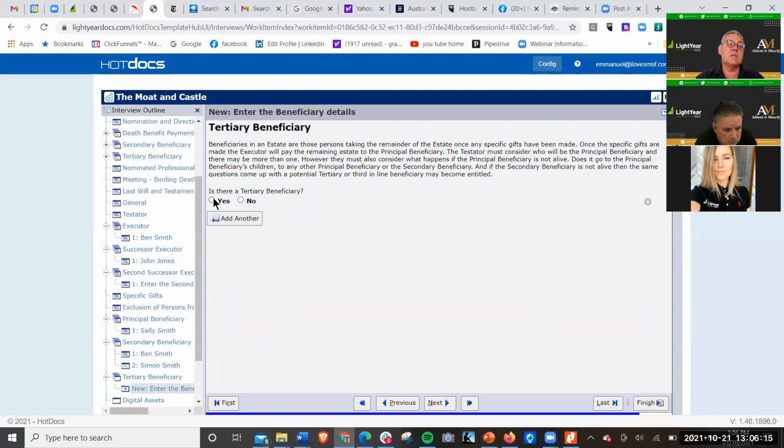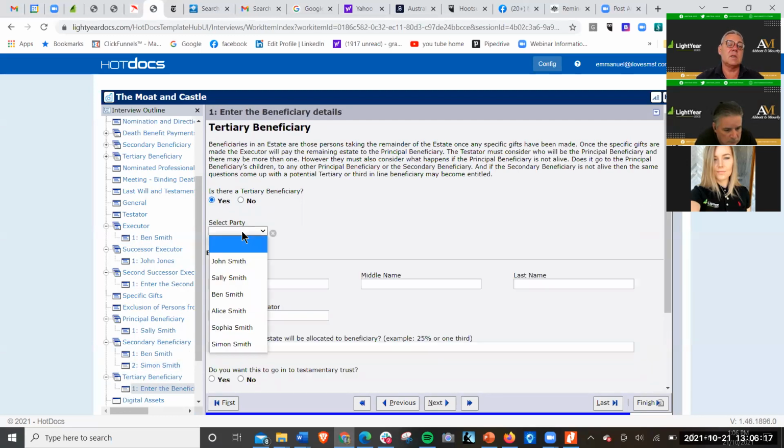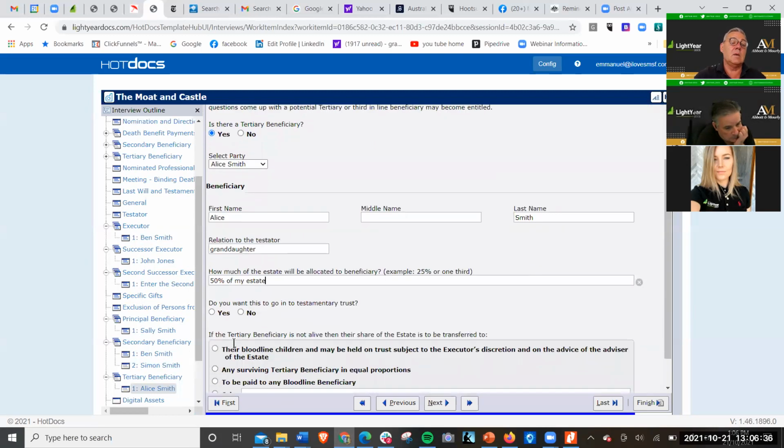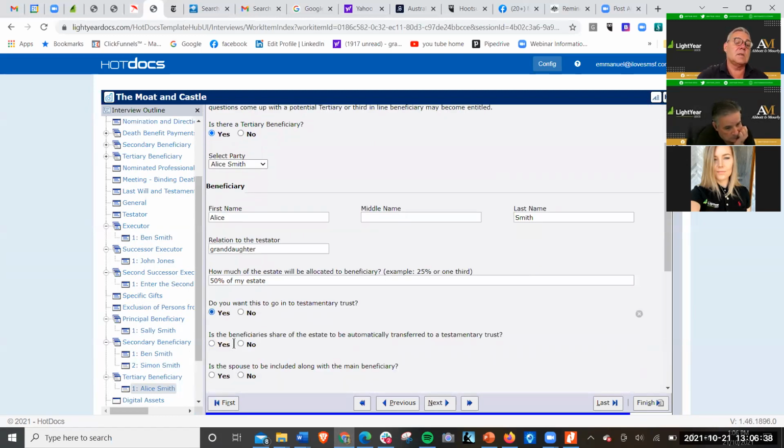Tertiary beneficiary, is there a tertiary beneficiary? We'll just make that Alice, daughter, 50% of the estate. And that's to go into a testamentary trust.